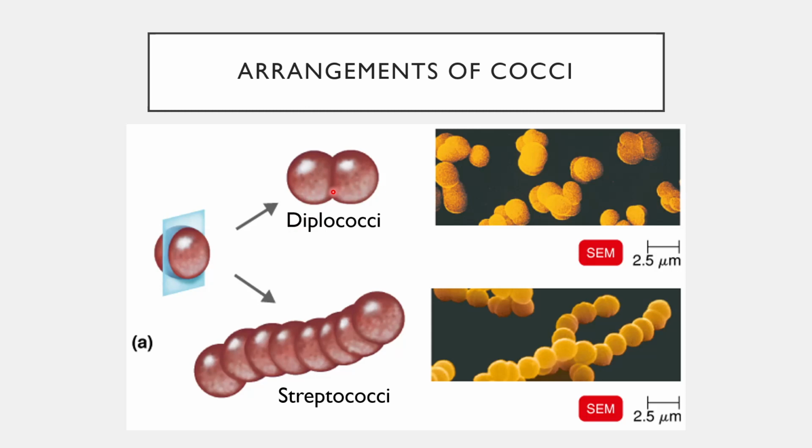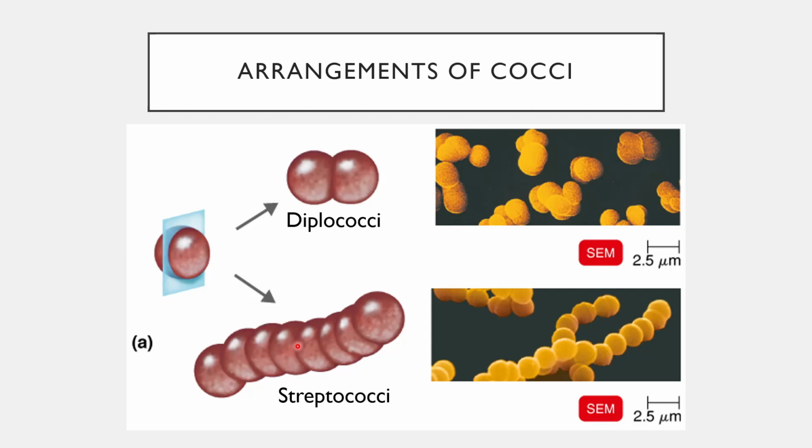Diplo means two, and so that's where the name diplococci is derived from. Streptococci is similar to diplococci in that there is a single plane of division, but it involves many more than just a single replication. Streptococci is an arrangement that you get when a coccus bacterium divides multiple times and the cells that result from those divisions remain attached in chains.